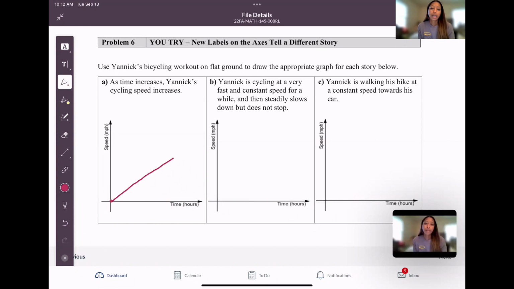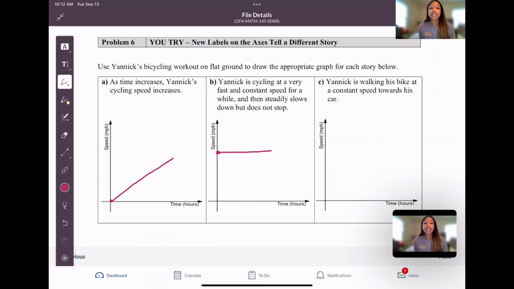For part B, Yannick is cycling at a very fast and constant speed for a while, then suddenly slows, but does not stop. Okay, so it's saying that his speed is starting off fast and constant. So if it's starting off fast, we're not starting off at a speed of 0, we're starting somewhere up here. And if he's riding at a constant speed for a while, that means he's maintaining this same speed over a long amount of time.